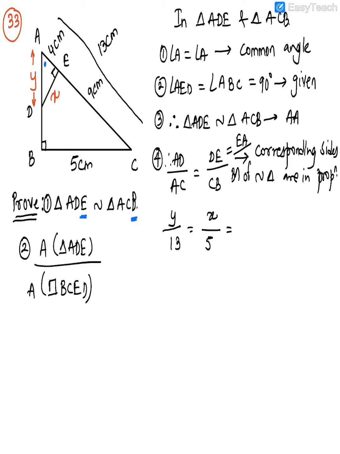Once you take these two values, you can say value of x upon y and 4 upon 12, compare them and you'll get the value of x. How much will x come? X will come as 5 upon 3.